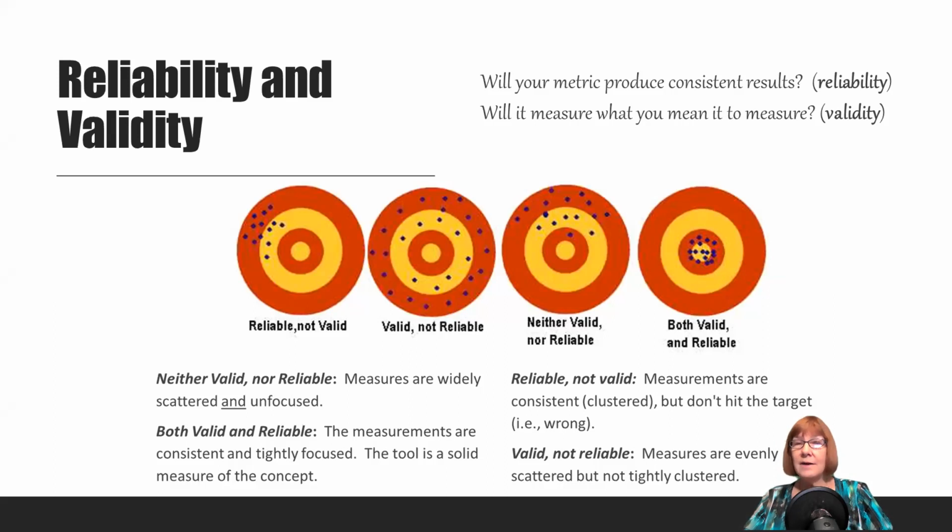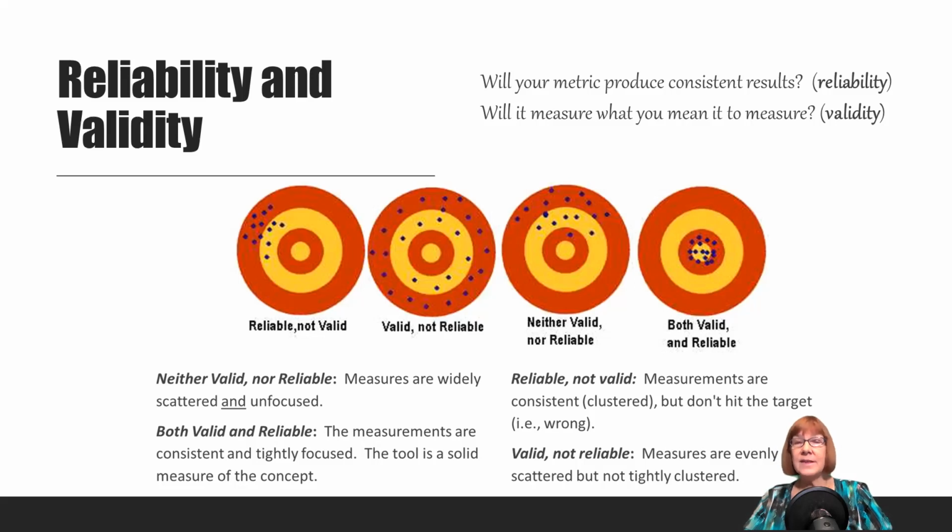So you could have results that are reliable. They produce consistent results time after time, but they're wrong. They're off by some amount there, so they're not valid. Or you may have something that is valid, so it measures what you want it to measure, but not very accurately. And so it's kind of scattershot, it doesn't give you the level of accuracy that you would really like to see.